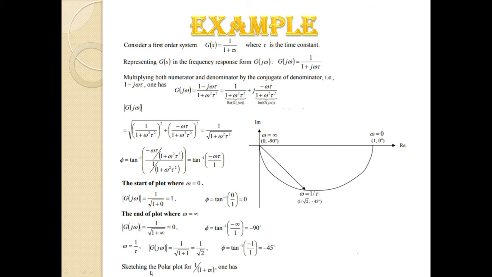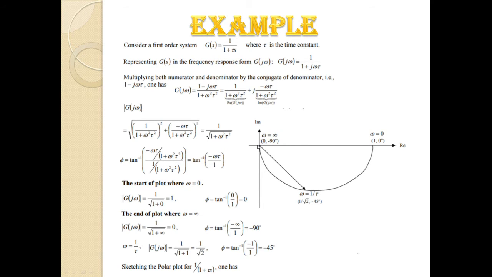Now, we put the value omega equal to 1 by tau. When omega is equal to 1 by tau, the magnitude becomes 1 by root 2 and the phase angle becomes minus 45 degrees. So, let us draw the polar plot.